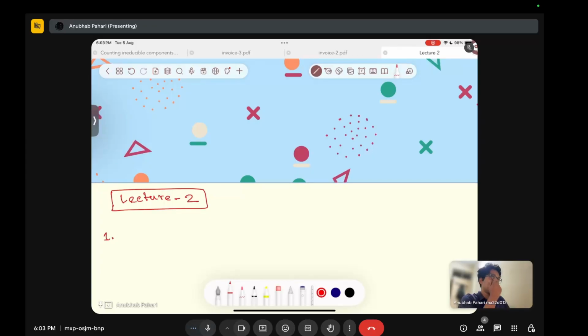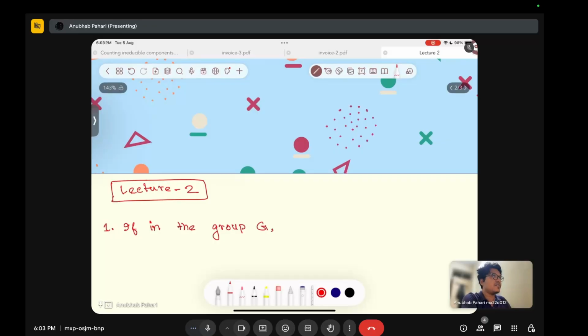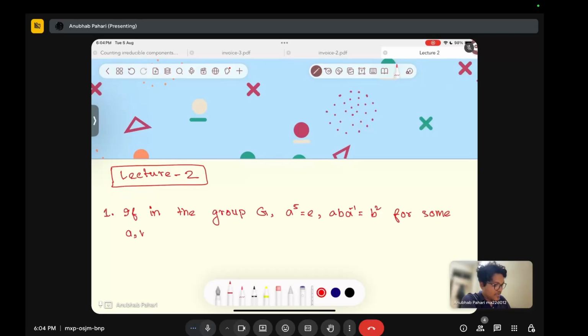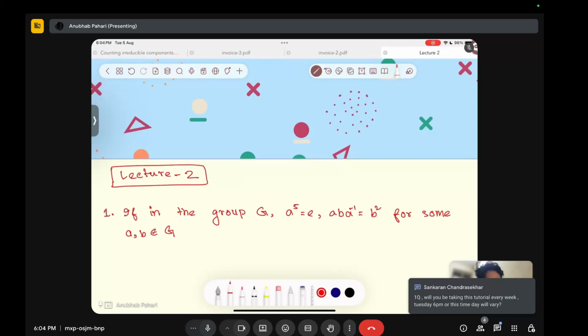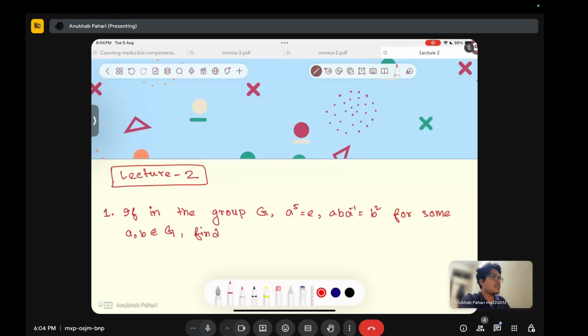Question 1: in the group G, given that a to the power 5 equals e and a b a inverse equals b square for some a, b belonging to G, first write me this: find the order of b.